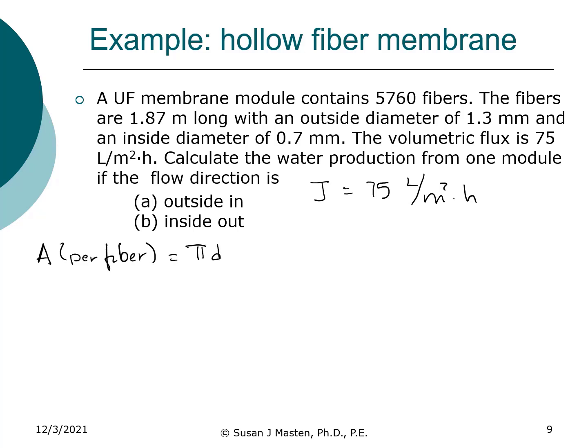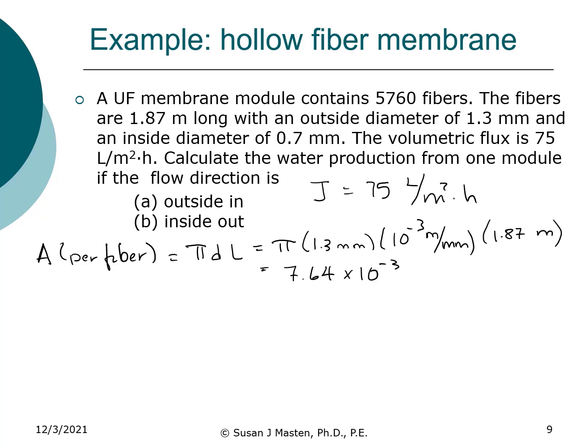So the area per fiber is pi times the diameter times the length. So that's equal to pi times 1.3 millimeters, 10 to the minus 3 meters per millimeter, times 1.87 meters, that's the length, and that is equal to 7.64 times 10 to the minus 3 meters squared per fiber.